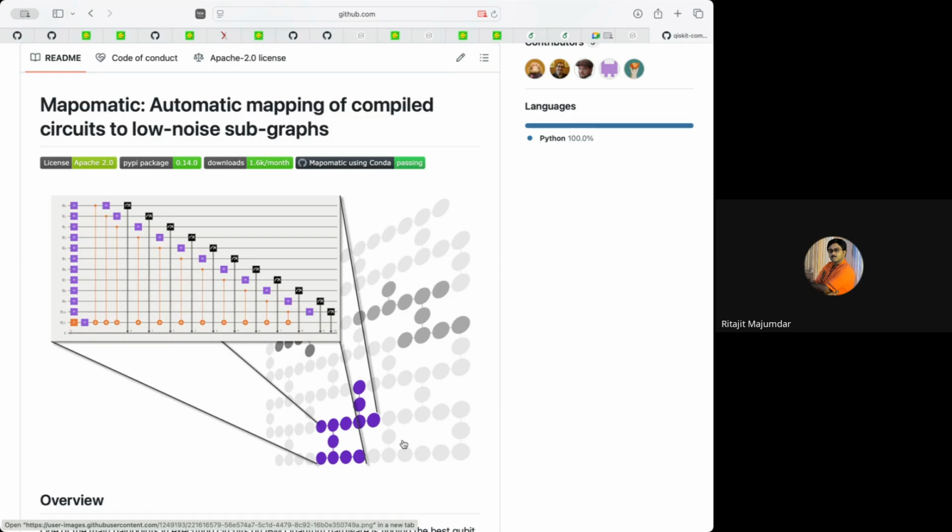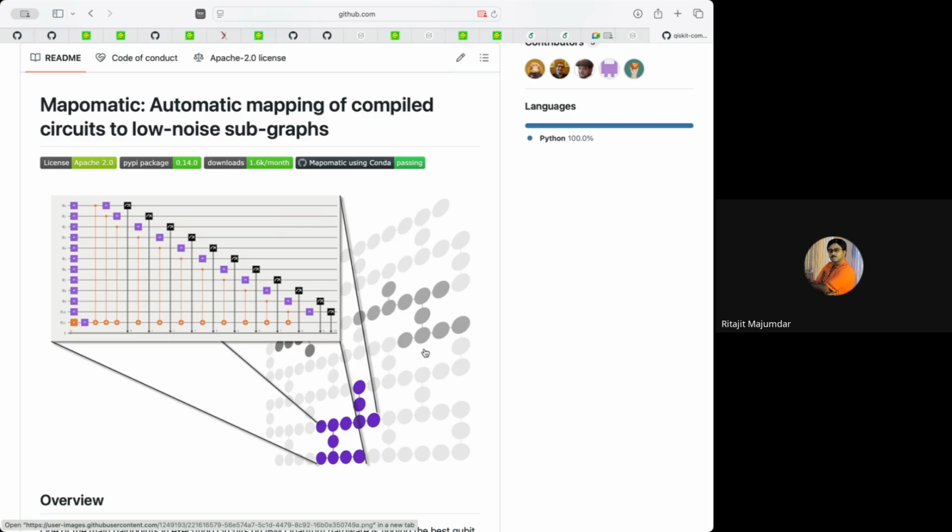Now, when you put in noise in the system and you put in one more extra constraint, that you have to minimize the number of swap gates and you have to select a layout which has the minimal noise, it becomes an even harder problem, a problem which was already NP hard. You are making that even more complicated.